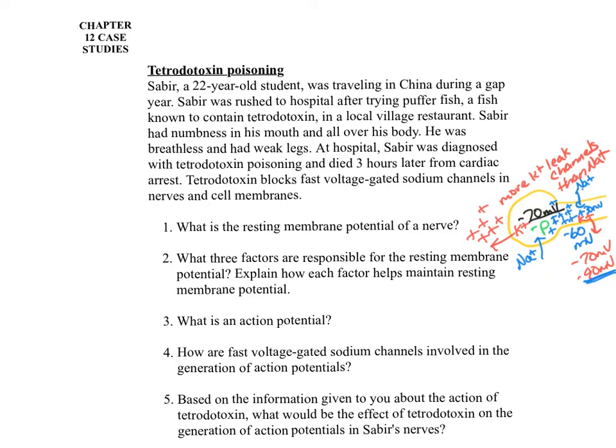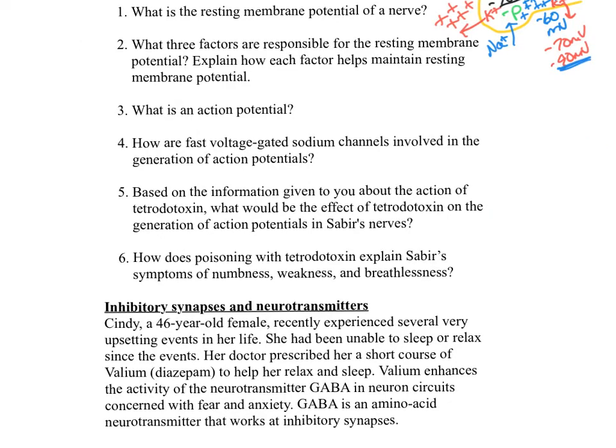So an action potential is an all or nothing depolarization of a nerve cell. It's all or nothing because if it hits threshold, there is going to be depolarization of that nerve. And it's triggered if the stimulus causes a nerve to depolarize to that threshold, which is negative 60 millivolts. Depolarization means that the nerve cell becomes more positively charged inside compared to the outside. The next question is, how are fast voltage-gated sodium channels involved in the generation of an action potential?